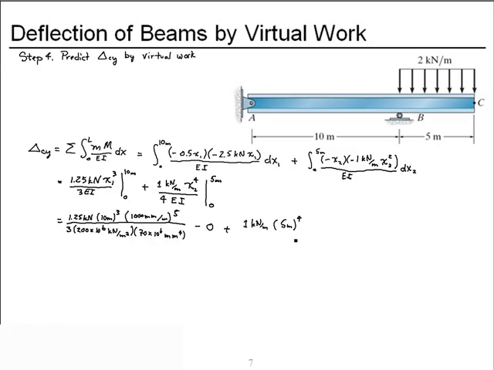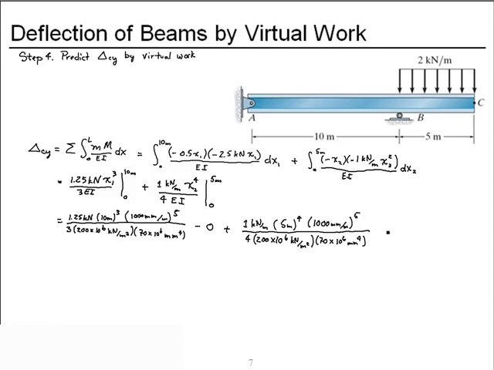5 meters to the 4th, 4 times the 200 times 10 to the 6th kilonewton per meter squared, and the moment of inertia 70 times 10 to the 6th millimeters to the 4th, and we need consistent units, so we'll multiply by 1,000 millimeters per meter, again raised to the 5th power.